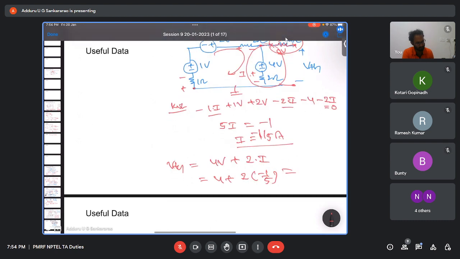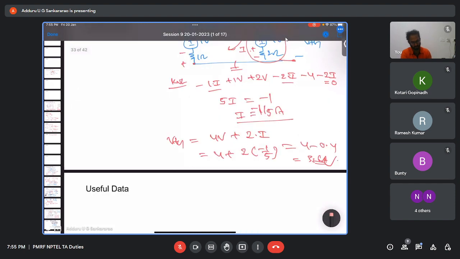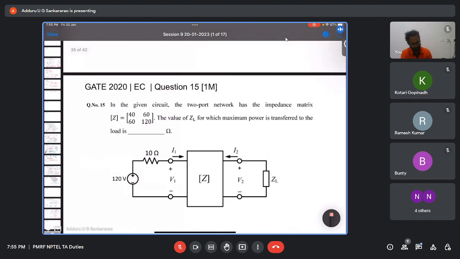So we get 4 minus 0.4, which is 3.6 volts. VTH is 3.6 volts. Hope you don't have any doubts in this. It's a simple question only. Let us move on to the next question.